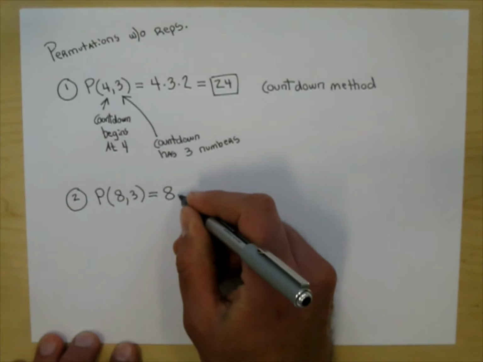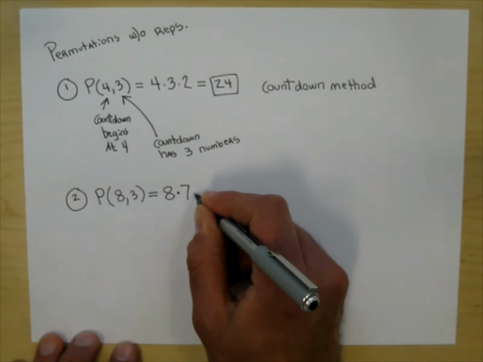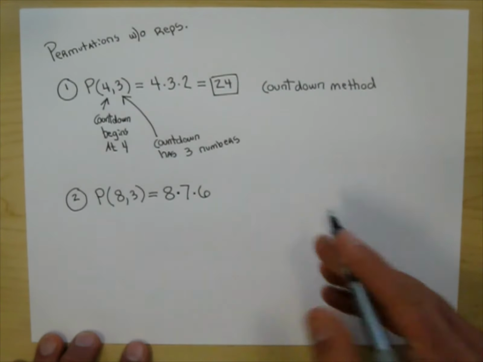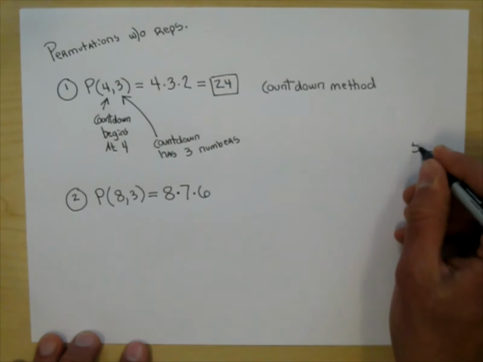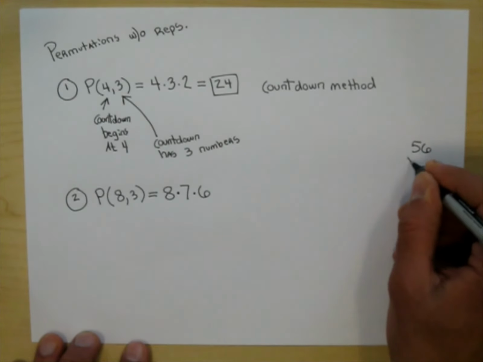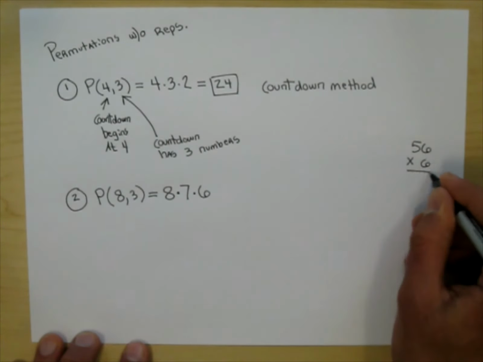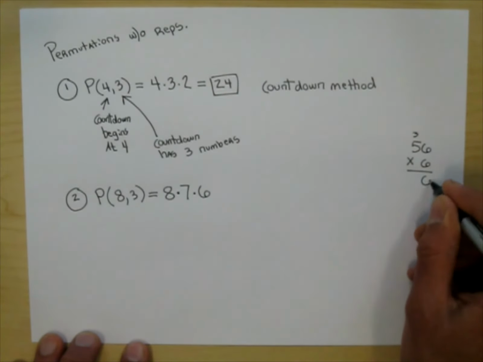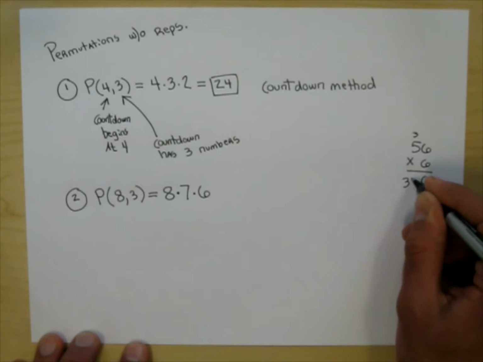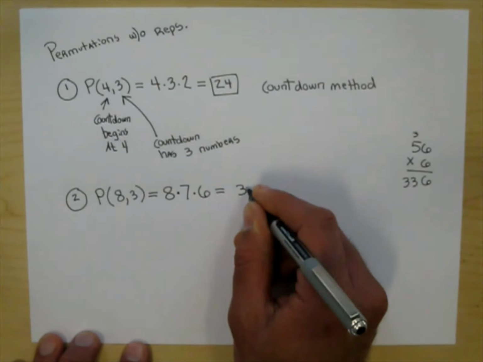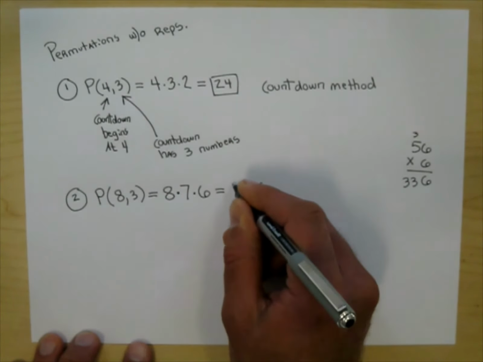So this is going to say 8, 7, 6, and we stop right there. So 8 times 7 is 56, and I'm doing everything without a calculator. 56 times 6, 36, 33, so 336. So 336 permutations.